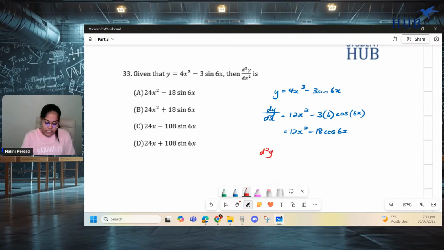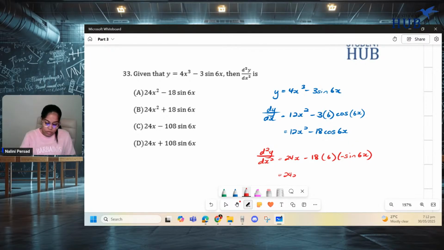Now you differentiate again. 2 by 12 is 24x. Leave the 18 alone. Cos is going to go to negative sine. Differentiate inside the brackets, you're going to get 6. Cos goes to negative sine 6x.